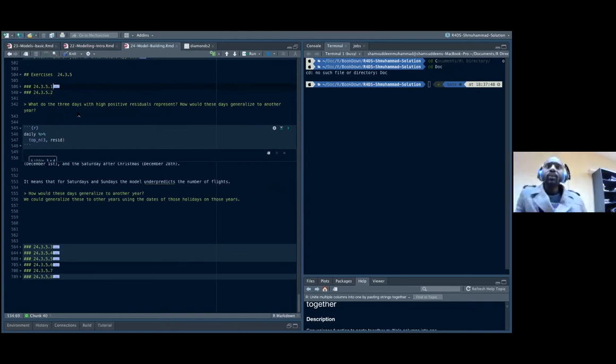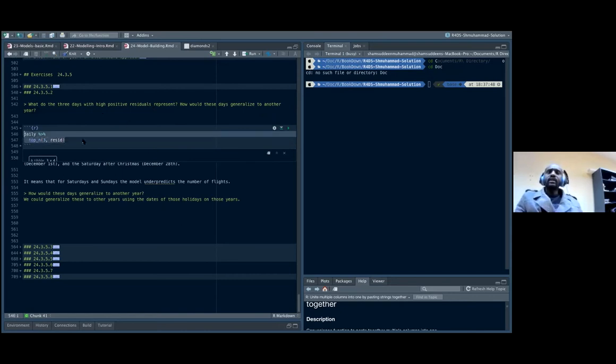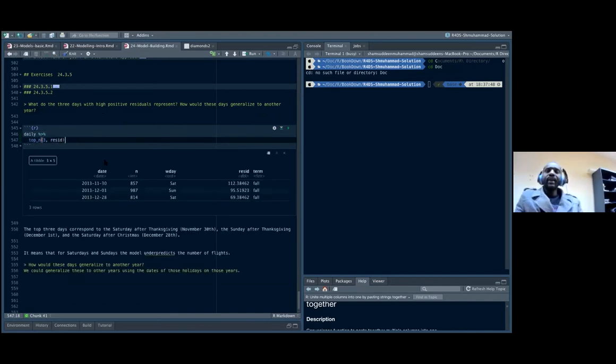So what do the 3 days with high positive residuals represent? How will these days generalize to another year? So this is asking us about 3 days with high positive residuals. So this is our daily, and we can take the top 3 residuals this way.